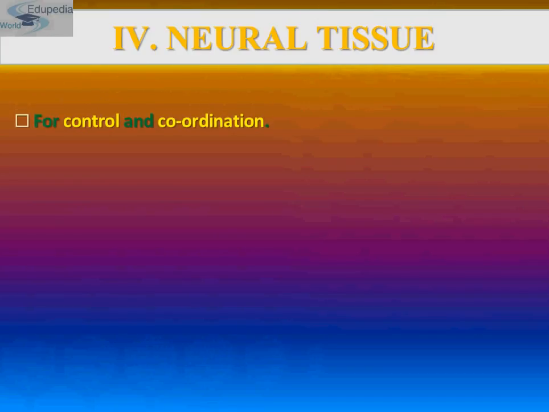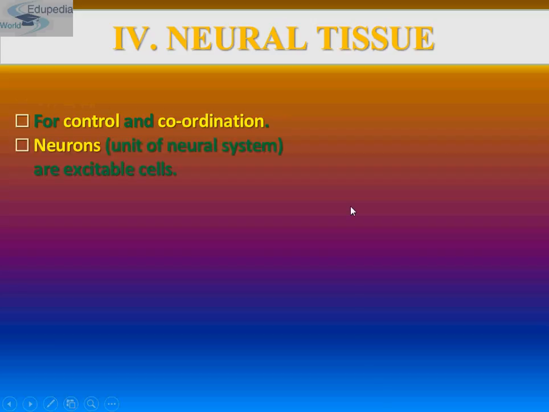Now comes neural tissue. Neural tissue exerts the greatest control over the body's responsiveness to changing conditions. Okay, and neurons are the unit of the neural system. They are excitable cells. Okay, they are for control and coordination.